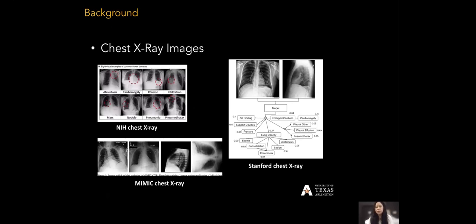They have released the 14 labels and following the NIH chest X-ray, there are two datasets which are called Mimic chest X-ray and Stanford chest X-ray. These two datasets also follow a similar format and pipeline like the NIH chest X-ray.